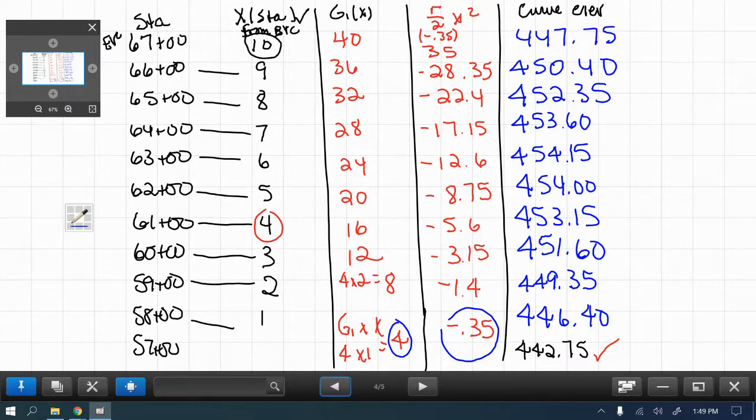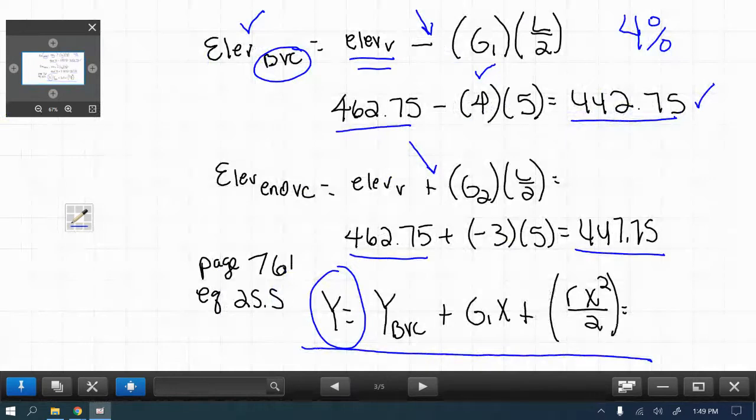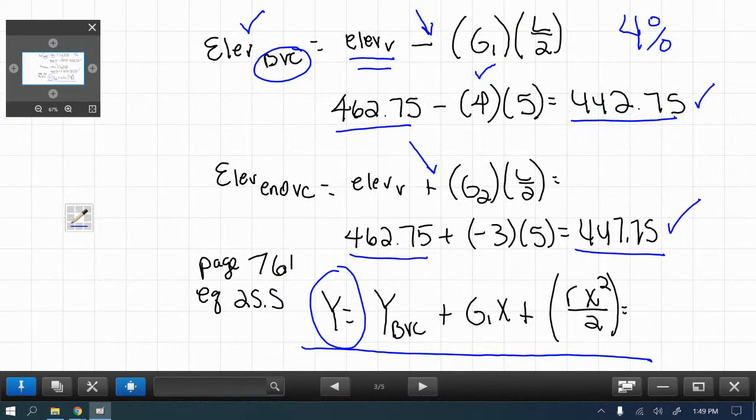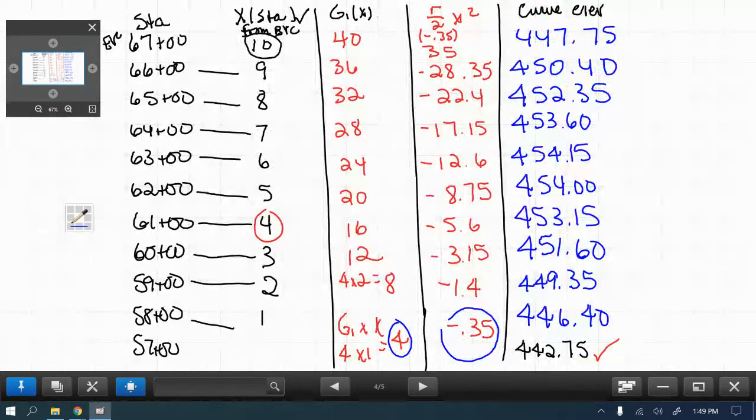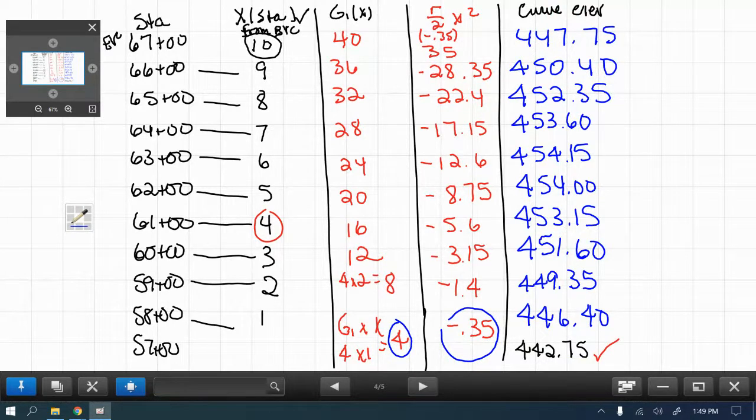I'm going to look back over and see what we got for the end vertical curve. That's a check. Now, pretty much I'm done with this, but if I wanted to make sure that I don't have an error, I can do the first difference, second difference right here.